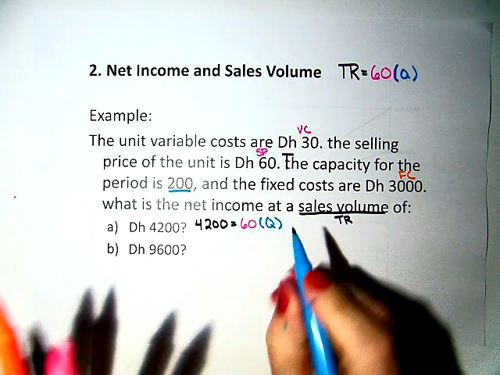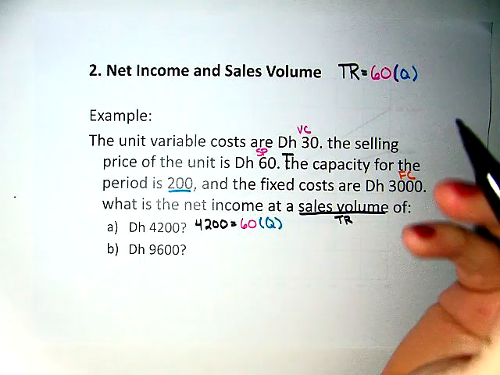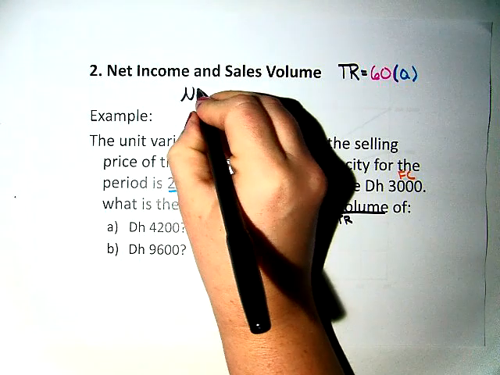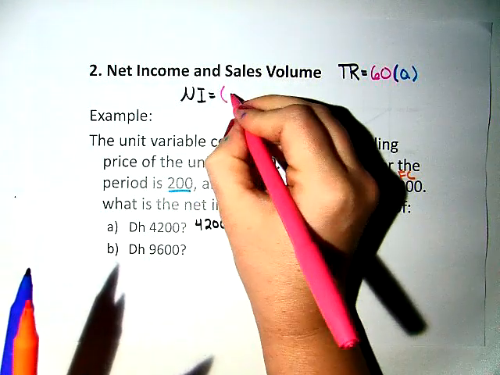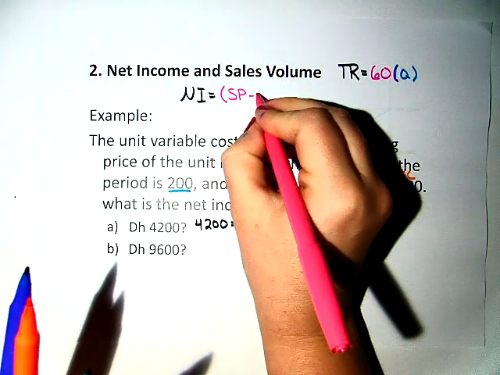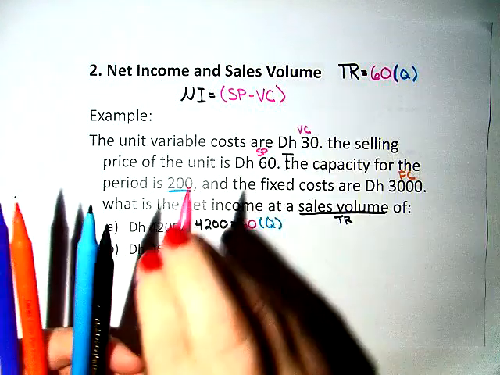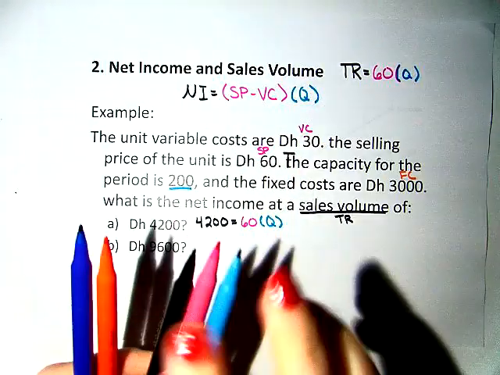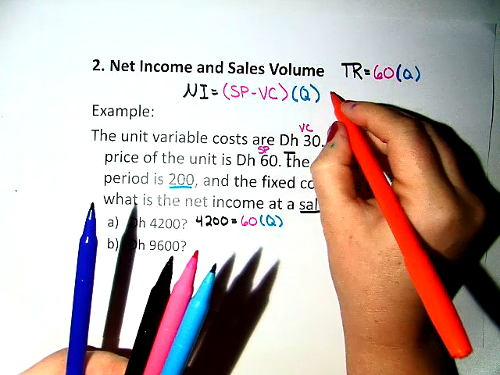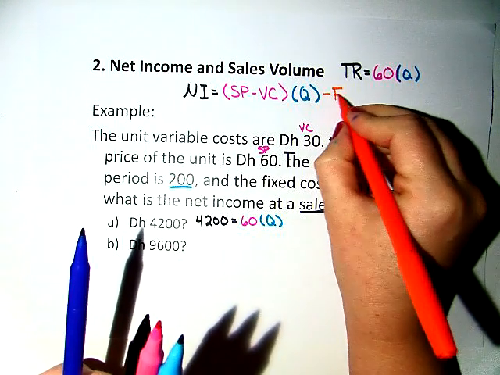So now we're looking at the quantity so that we can find the net income. Now if you remember, the equation for net income is your selling price minus your variable costs multiplied by your quantity and subtracting your fixed costs.